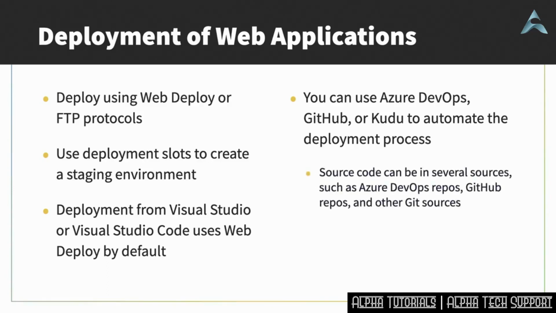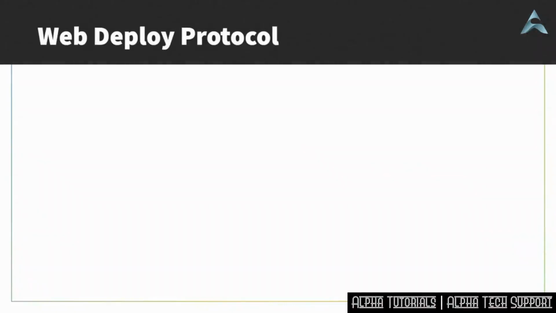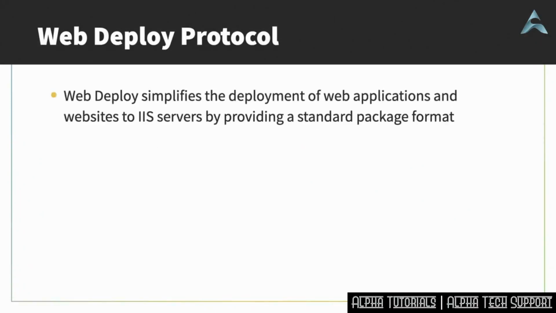Source code can be in several source types, like, for example, Azure DevOps repos or GitHub repos or even other Git sources. If we talk about the web deployment protocol, like I said before, it really simplifies the deployment of web applications because it provides this standard package format.